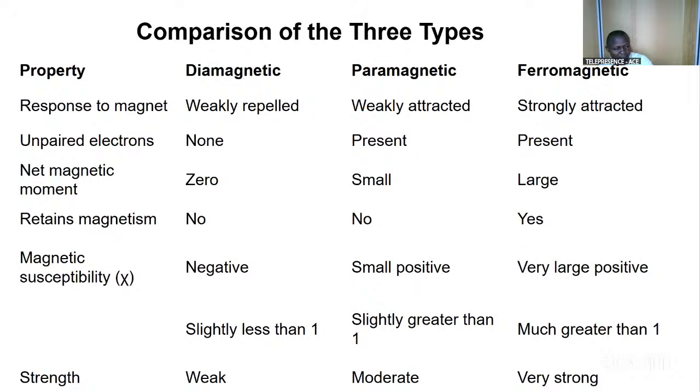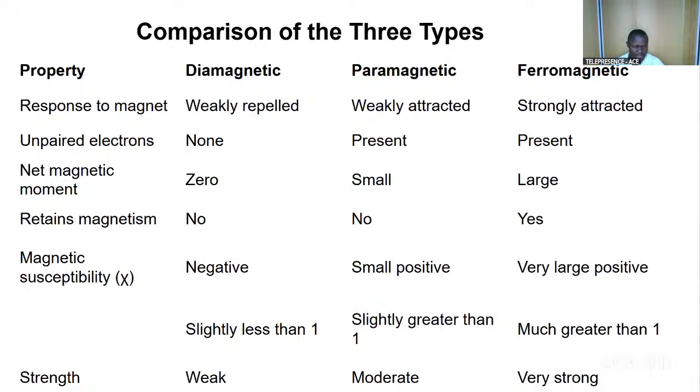Now, retains magnetism: diamagnetic material does not retain magnetism, paramagnetic does not retain magnetism, but ferromagnetic materials do retain magnetism.